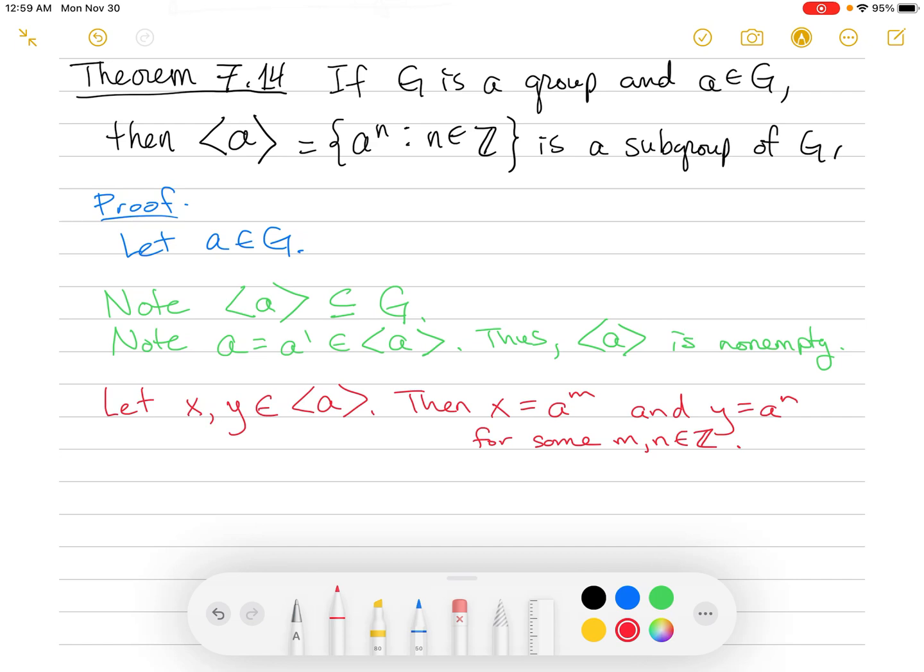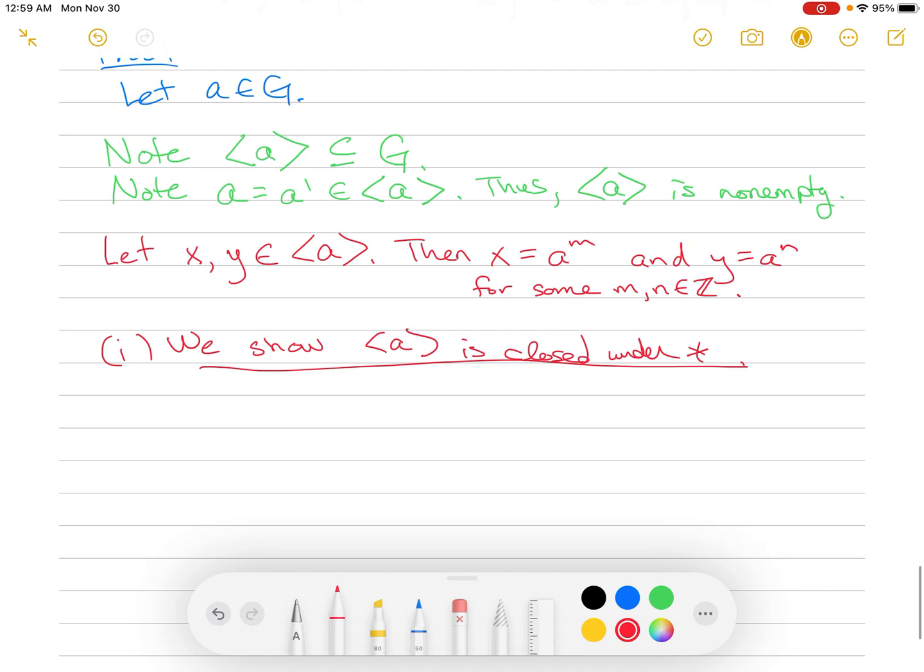M and n are going to be integers. They don't have to be positive. They could be negative. Could be 0. So we're going to show closure under multiplication. We show angular brackets A is closed under the operation. We'll just call it star. We don't know what the operation is, so we use a generic star.